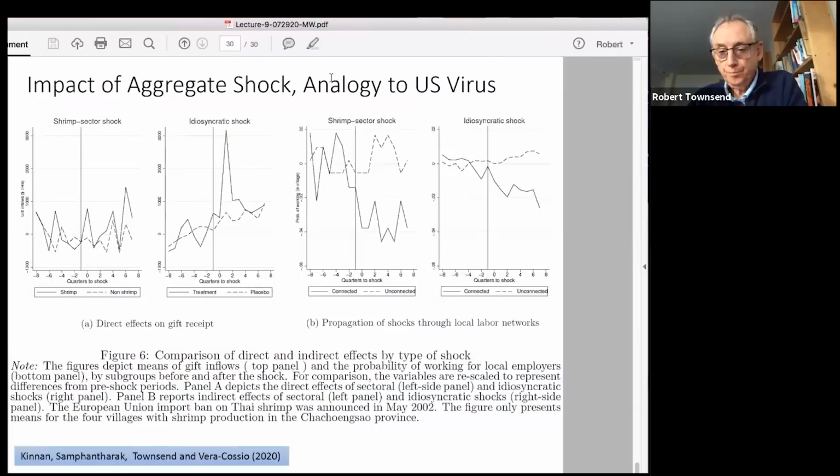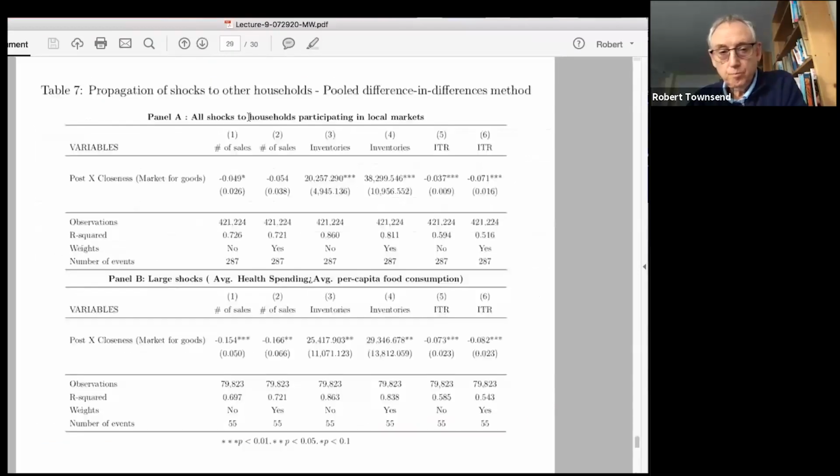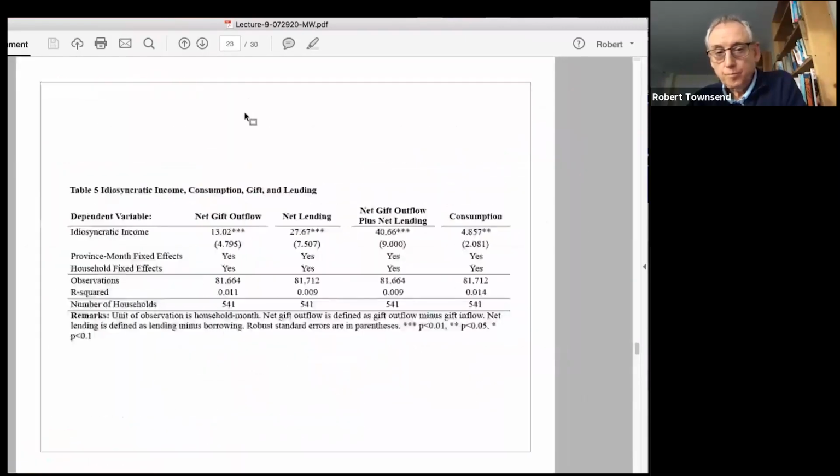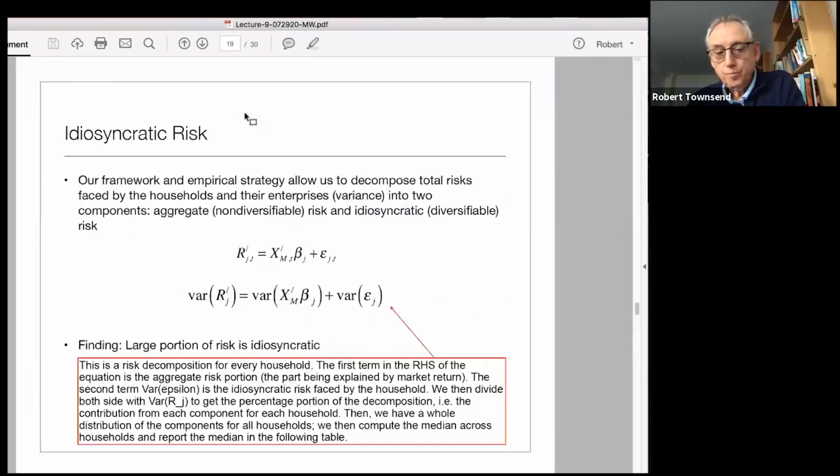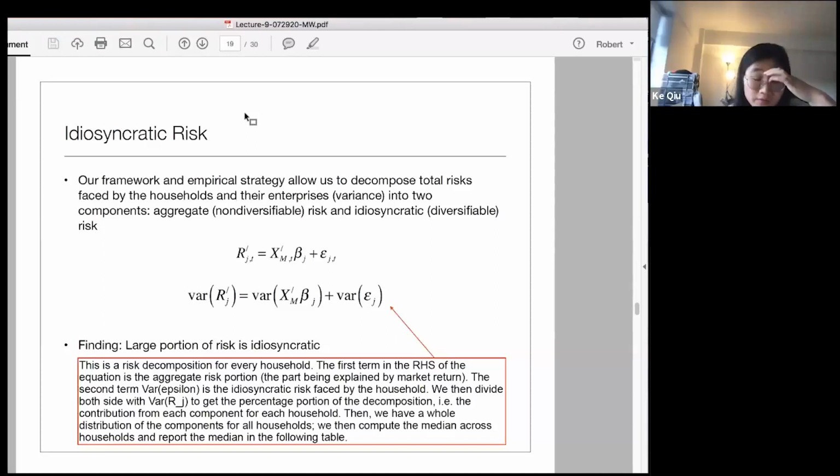I have a question. In slide 19, when we are decomposing the risk here, I remember before we have alpha that represented the risk-free return.